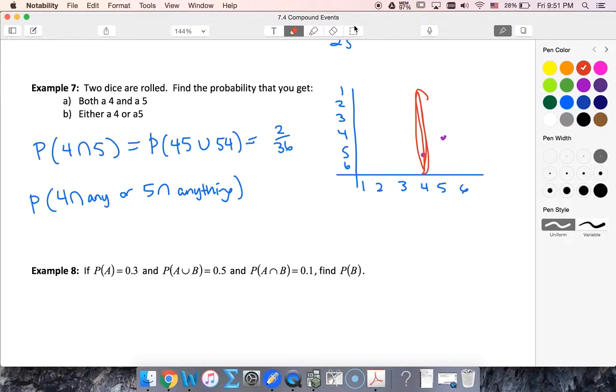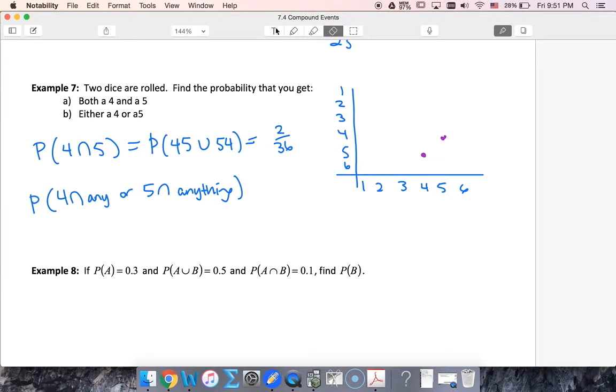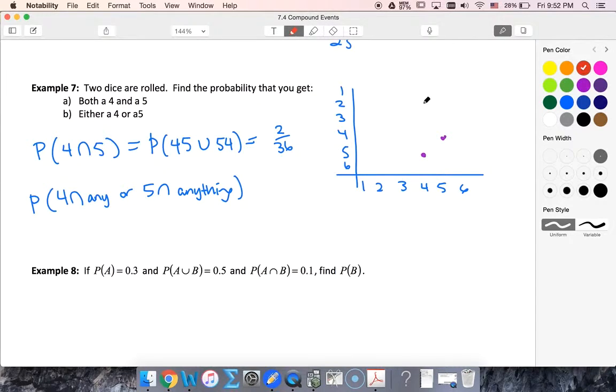The 5 column, sorry, I'm gonna make that a bit smoother. So the 4 column, I have all 6 of these options. The 5 column, I have all 6 of these options, but I could get my 4 or 5 this direction as well. So I have all of these options. That should have included that one. And then the 5 column, I have all of these options.